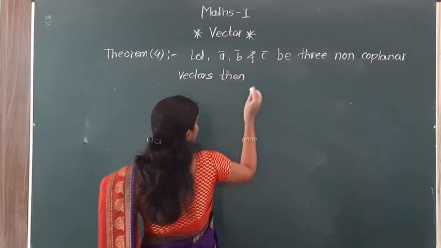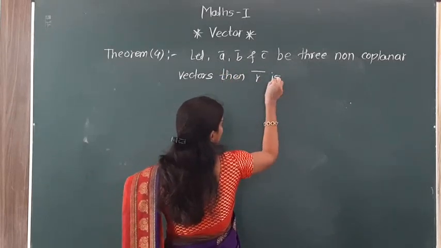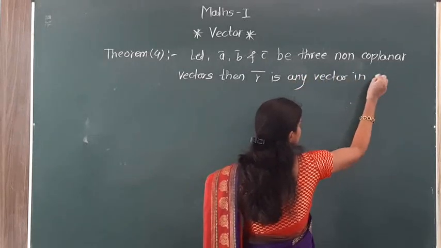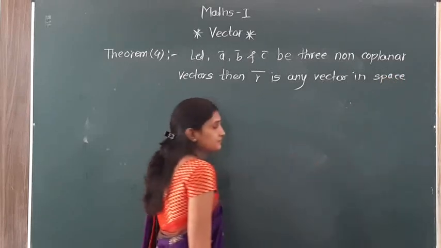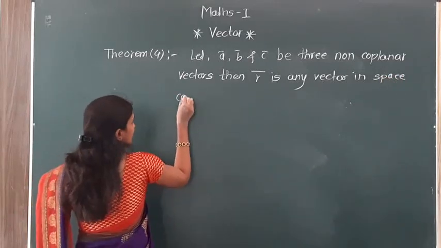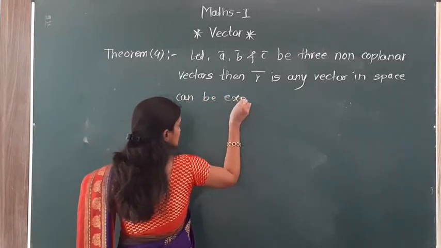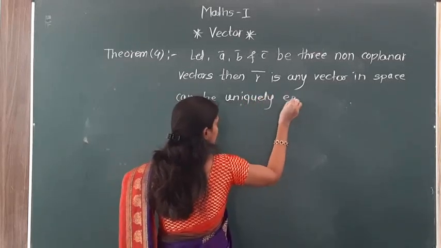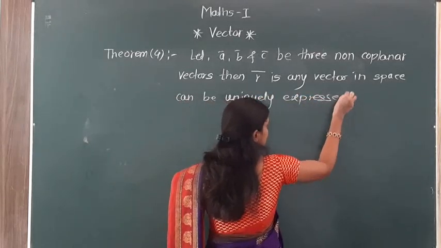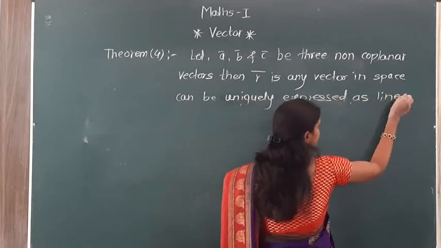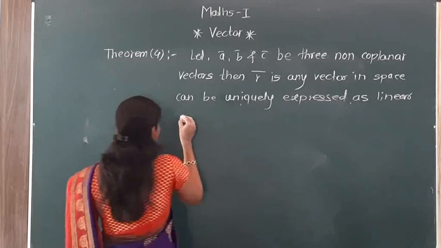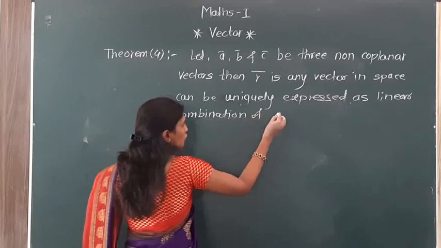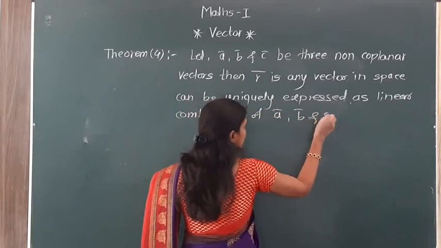Then r bar, any vector in space, can be uniquely expressed as a linear combination of a bar, b bar and c bar.